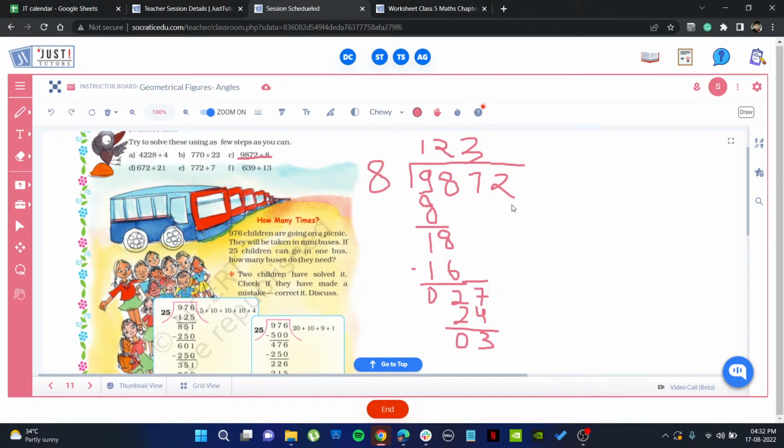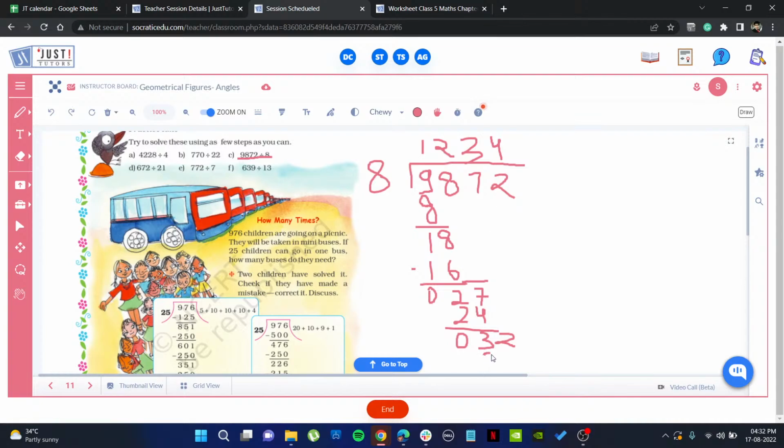Now after dividing 27 by 8, we get 3 here. Now the next step is to bring this 2 down. So now our number becomes 32. And so we should be multiplying 8 by which number to get 32? It will be 4.